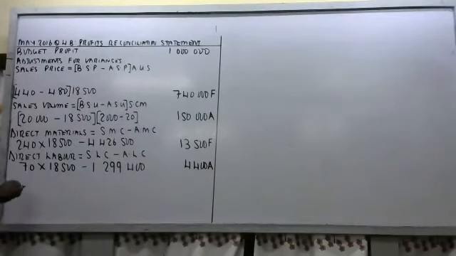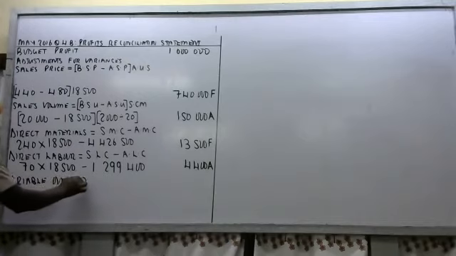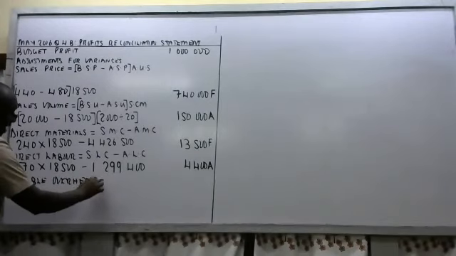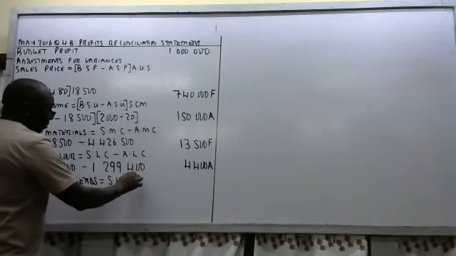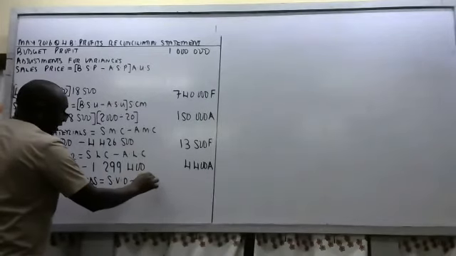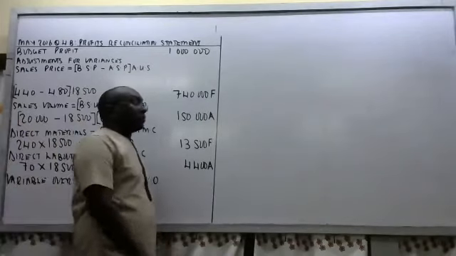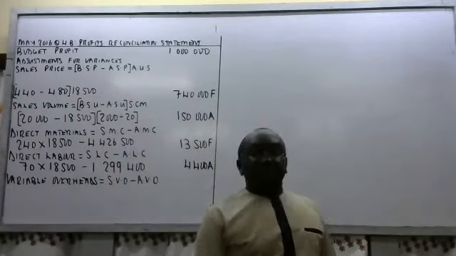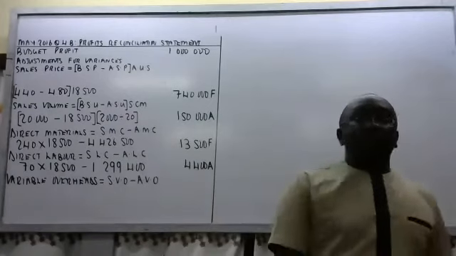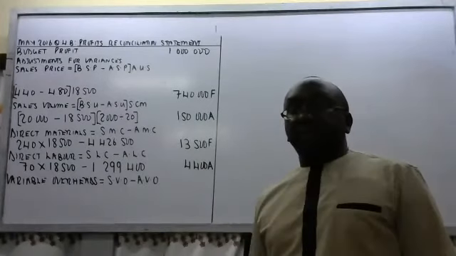Let us now go to variable overheads. Variable overheads is given as standard variable overheads minus actual variable overheads.